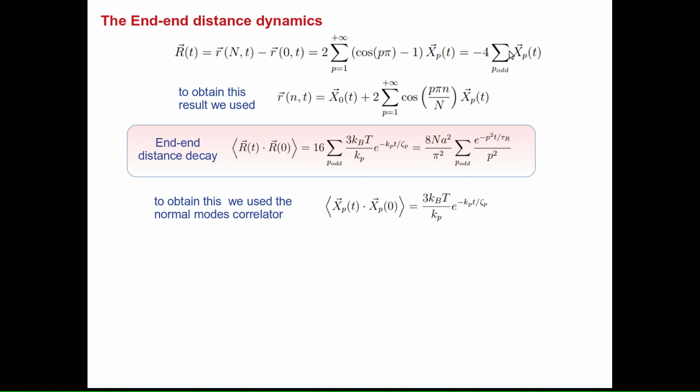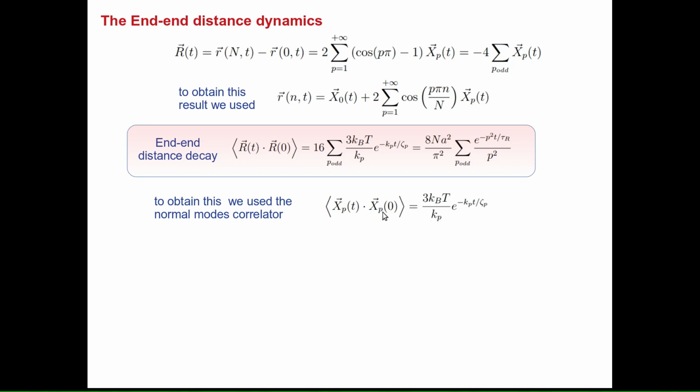Now we can use this result. Instead of r of t, we take this expression with t, and instead of r of 0, we take this expression with t equal to 0. So this correlator is inside when we take this product. And when you take the scalar product of this with the other sum at t equal to 0, we know that modes with different p's evolve independently.